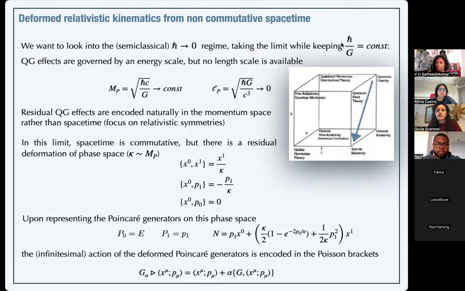And this is because in this way, we are losing the Planck length as a reference scale, but we still have an energy scale, the Planck energy. So basically, at the moment, we are going along this path in such a way that we are not losing also the Planck energy scale, okay? Otherwise, we lose both, and there is nothing left to see, right?